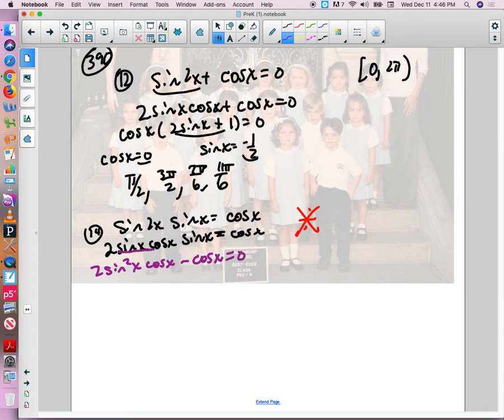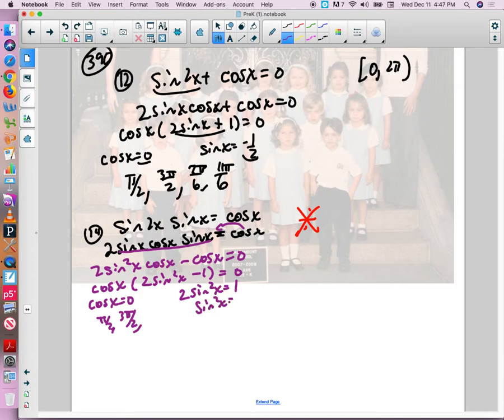So this was 2 sine squared x cosine x, and I subtracted this to the other side. I'm going to factor out a cosine. Leaves me this. Cosine x equals 0 at pi over 2 and 3 pi over 2. And this gives me 2 sine squared x equals 1.